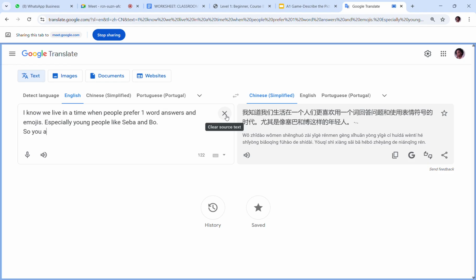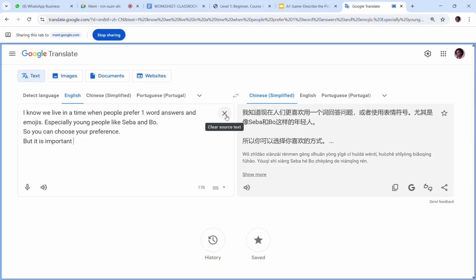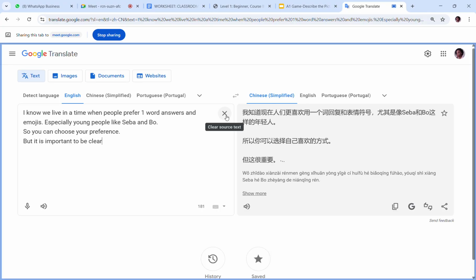So you can choose your preference, but it is important to be clear, right?